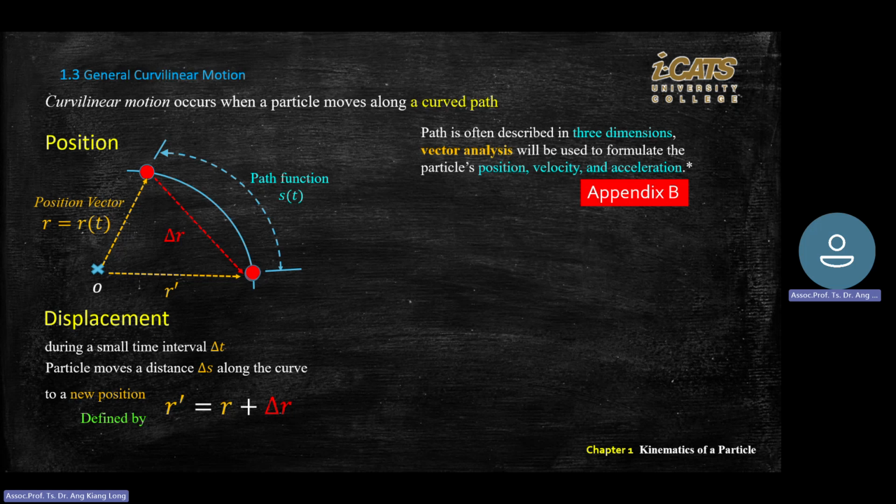And delta R is the change of position, from the first position to the second position, with the arrow pointing from the first to the second. So this is a fundamental. And from the vectors, we can write this equation: R prime equal to R plus delta R. Another cheat code to remember for vectors.